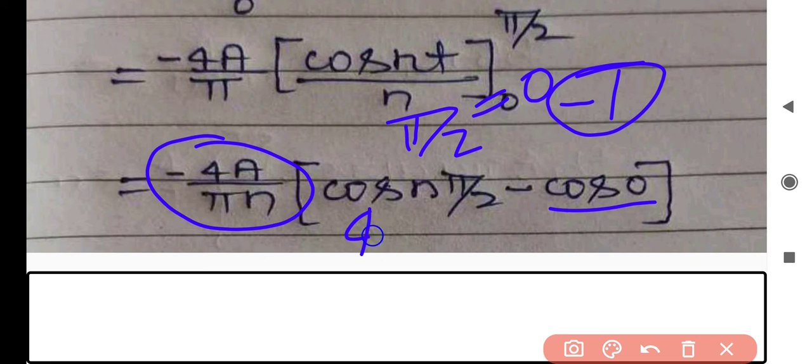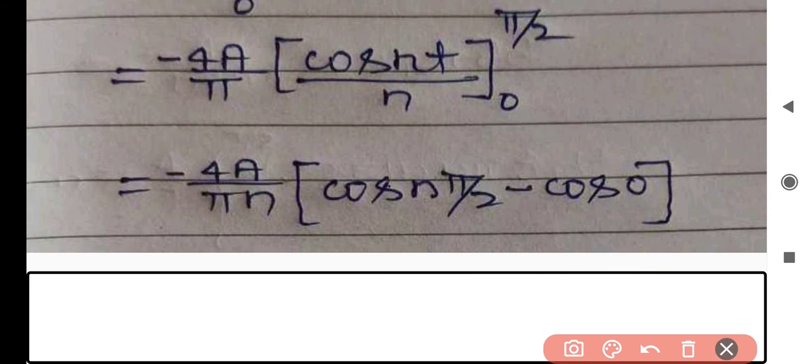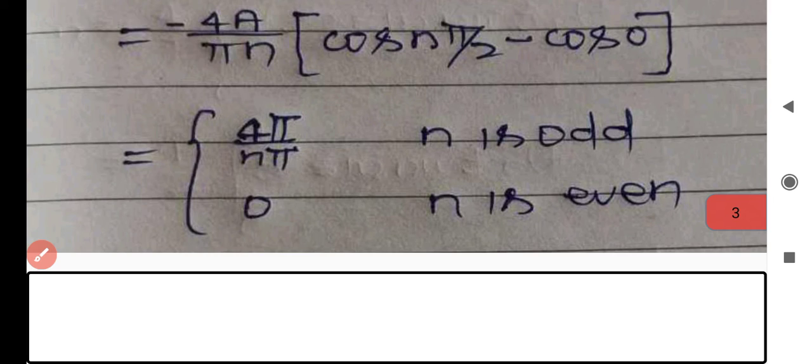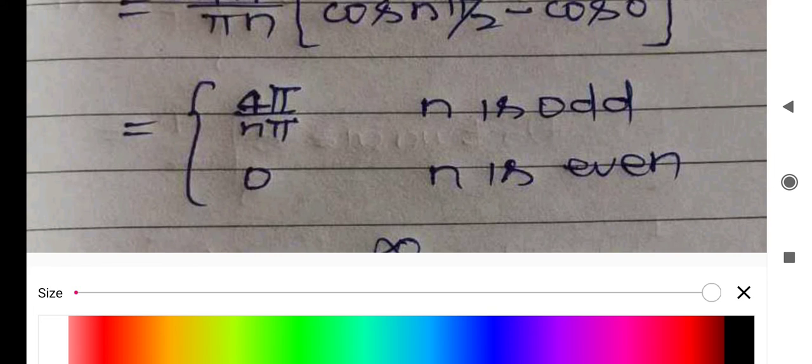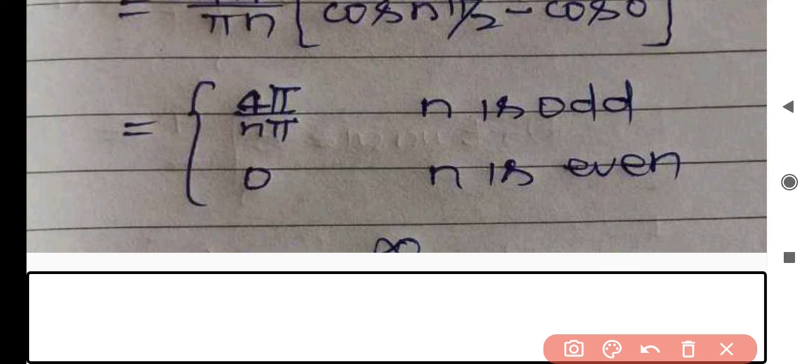It means for odd values of n, it will become 4A upon pi n, and for even values of n, it will become 0, which is written as 4A upon n pi when n is odd and it is 0 when n is even.